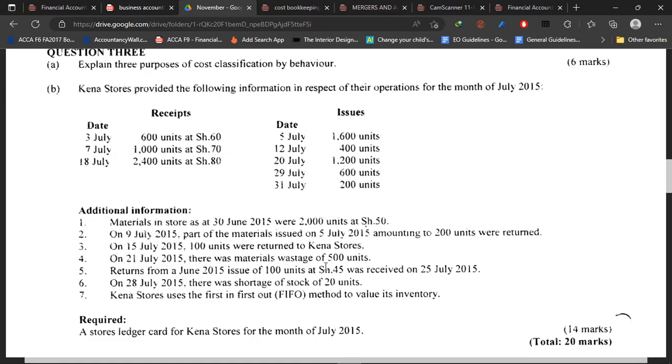On 21st July 2015, there was material wastage of 500 units. Returns from a June 2015 issue of 100 units at 45 shillings was received on 25th July 2015. On 28th July 2015, there was shortage of stock of 20 units. Additional information 7, Kenna Stores uses the first in, first out FIFO method to value its inventory. Required: a store ledger card for Kenna Stores for the month of July 2015.